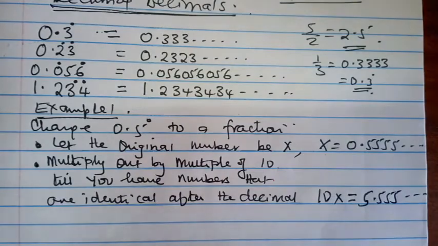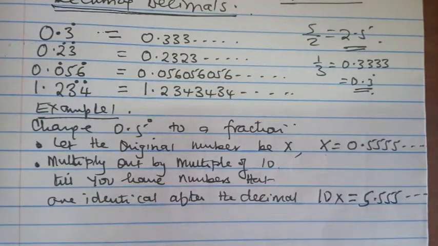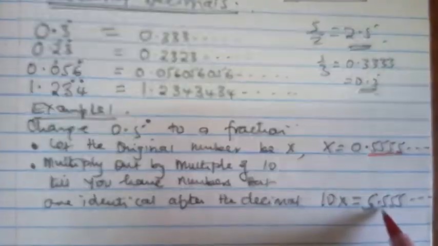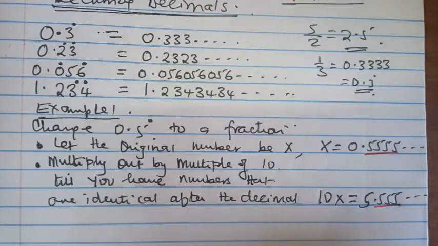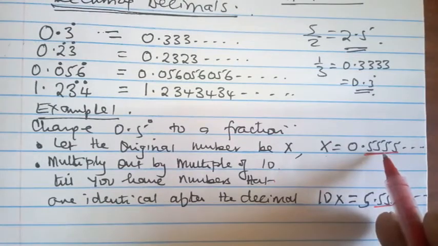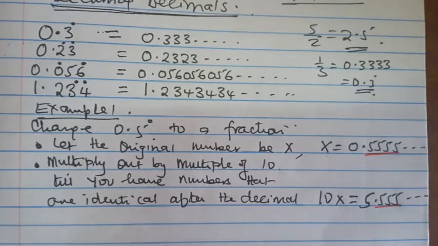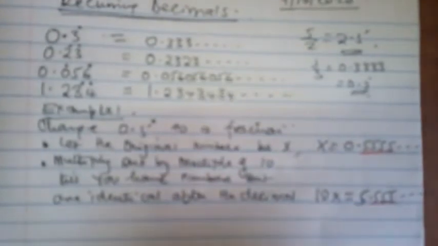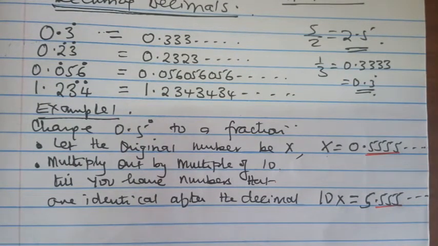And what you need to check after every multiplication, do we have this side identical to this side? If yes, you stop there and compute the two. If you don't have the right hand side after the decimal point identical, then you multiply once more, like you could say times 100x, which is going to be 55 point whatever. Then you can compare whether we have any two numbers within all those which you have multiplied out that are identical after the decimal point.